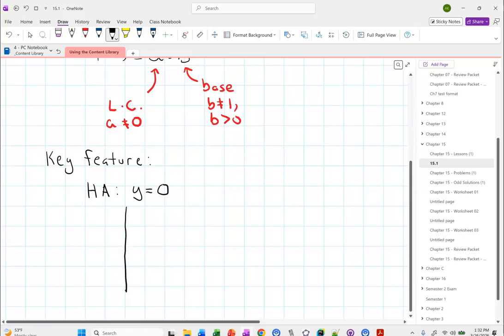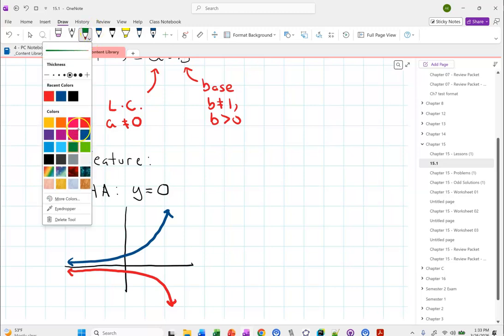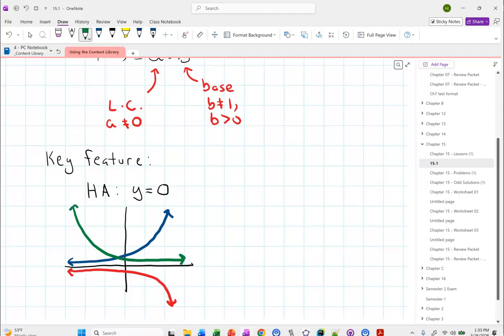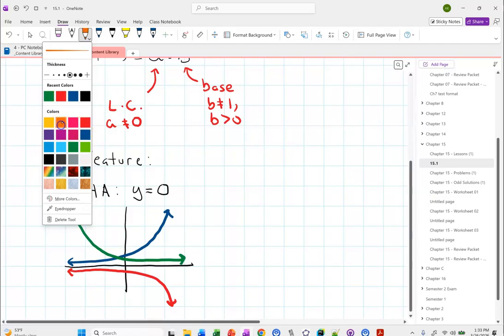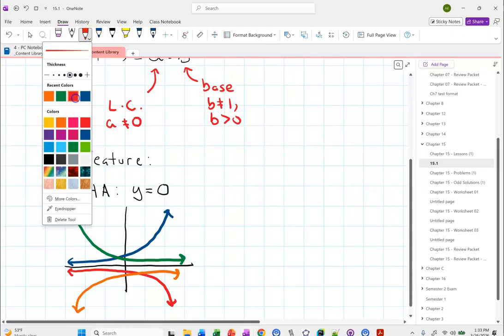That means they are either going to look something like this, or something like this, or something like this, or something like this. Yep, they are all going to look exponential.